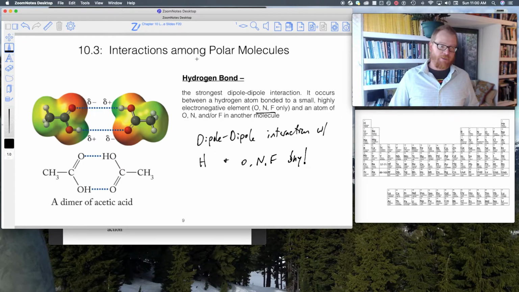Okay? So if we look at acetic acid, for example, acetic acid can make these beautiful dimers, two of them, right? That's all a dimer means. Two pairs, or one pair, I guess. A trimer would be 3. A tetramer would be 4.